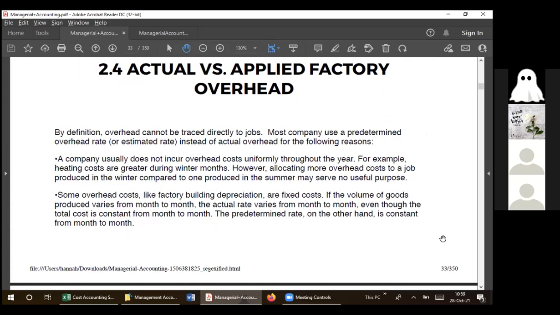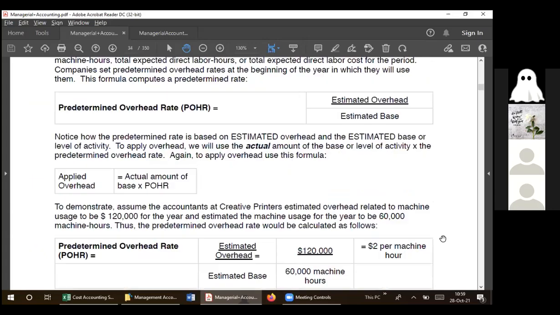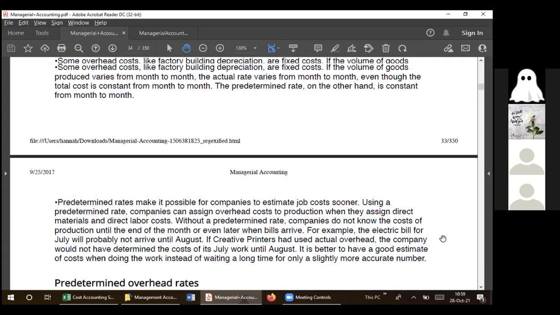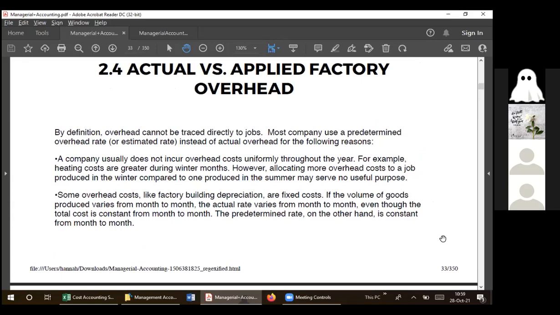We'll come straight away to actual versus applied factory overheads. So this is the part we have to learn. So looking at this actual versus applied factory overhead. By definition, overhead cannot be traced directly to jobs. So most of the overheads cannot be traced directly, like electricity expense for the manufacturing plant.